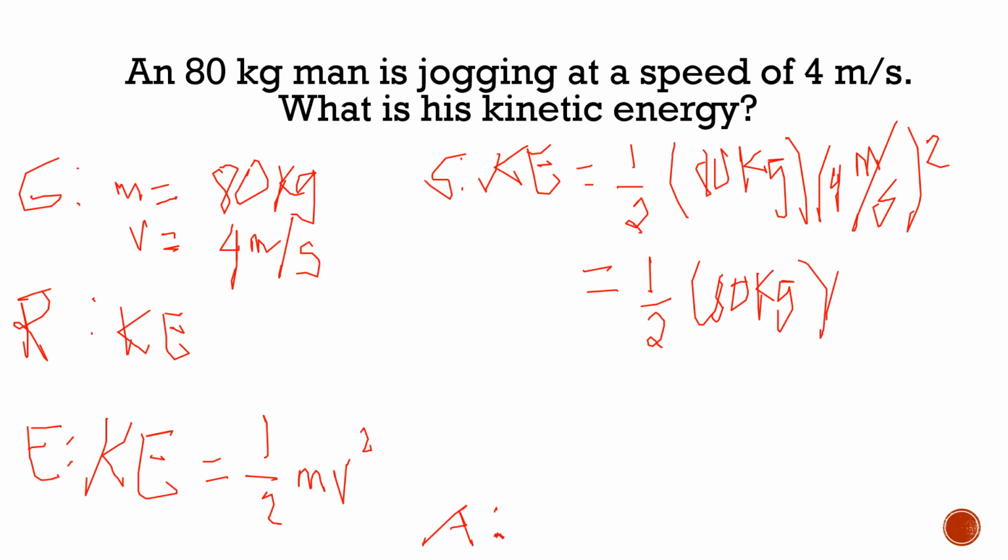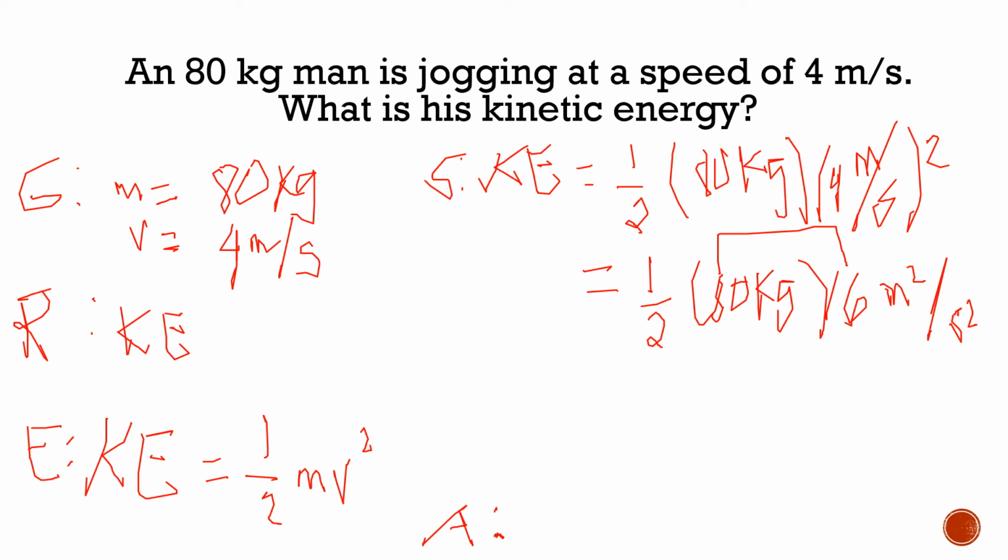So 4 times 4 is what? 16 meters squared per second squared. Now after that, you can already multiply 80 by 16.